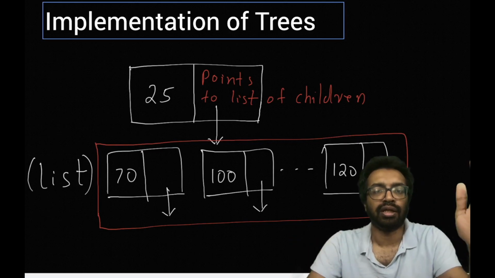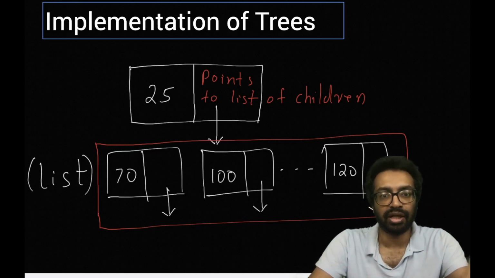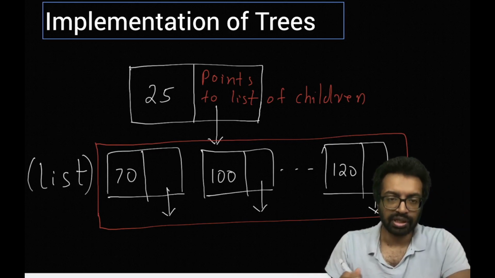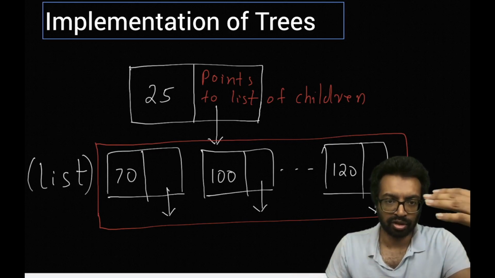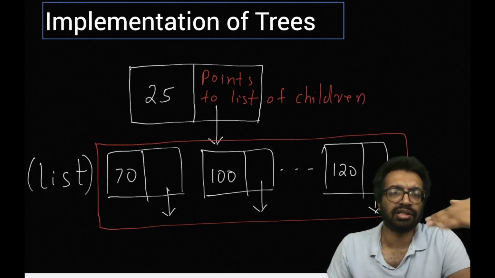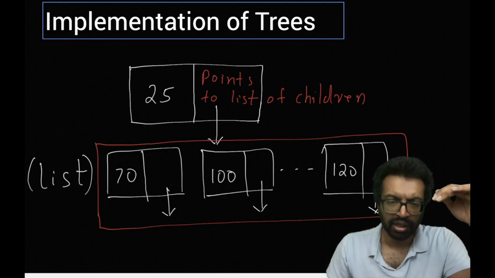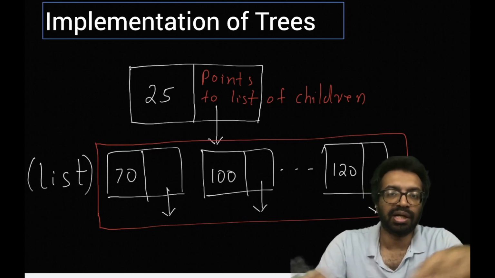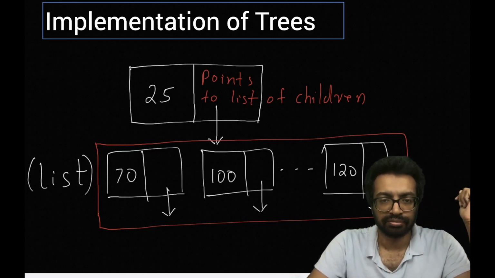Each node or vertex in the tree consists of two parts. One is the integer, which you can see here in the topmost node, the root node, where the integer is 25, and the second part of the node is a pointer to a list of children.